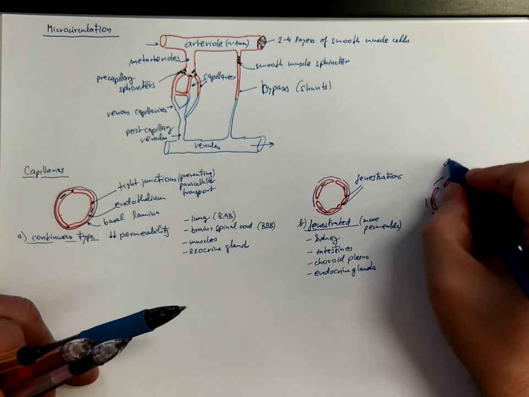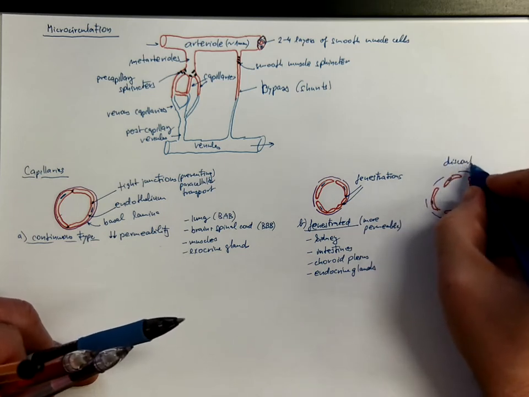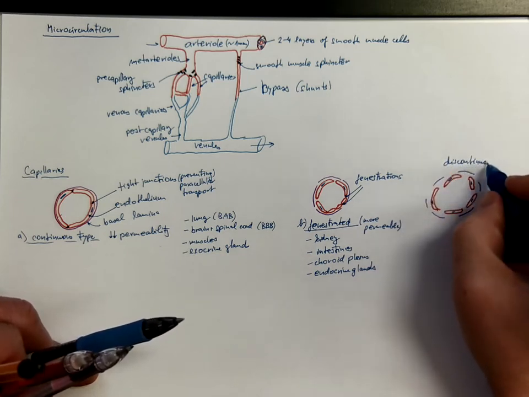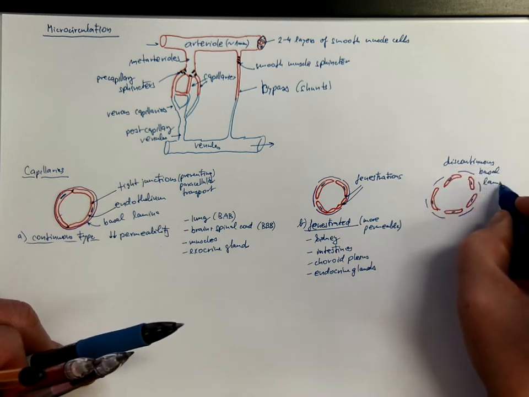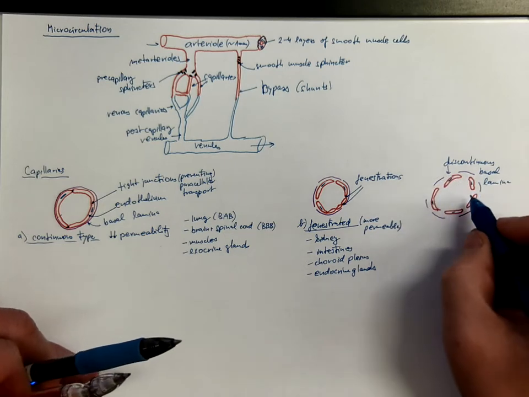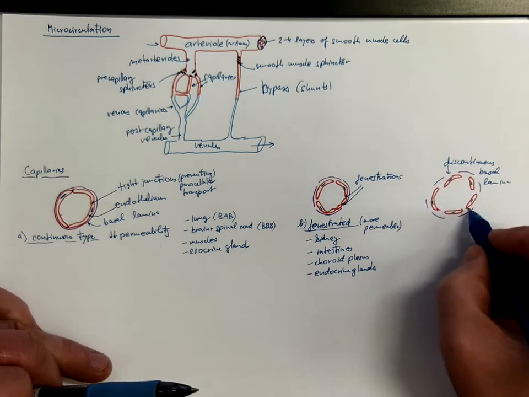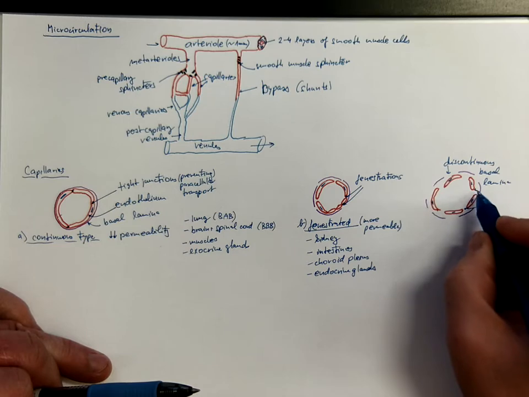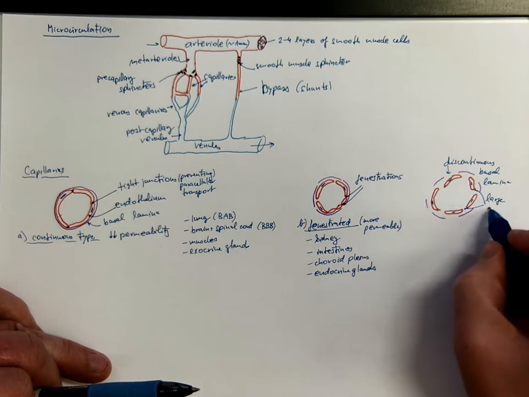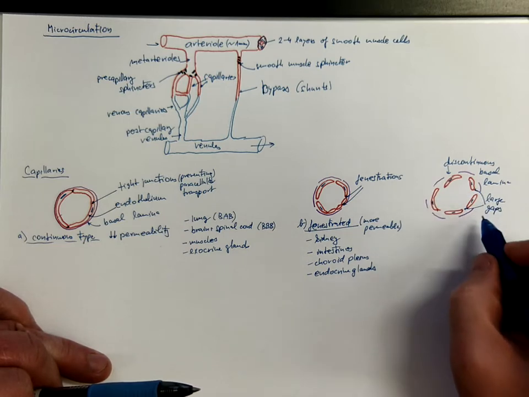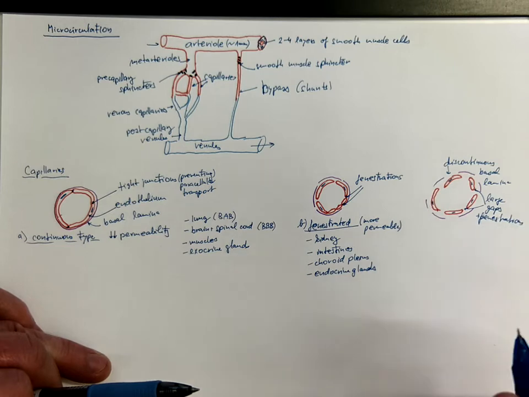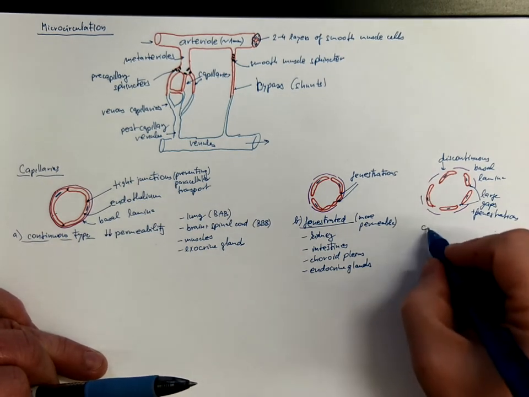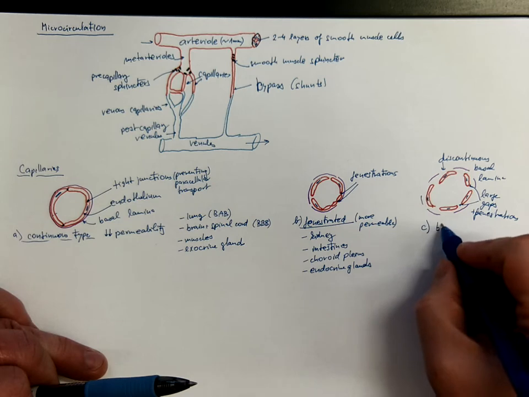So there's a discontinuous basal lamina, and there are large gaps and fenestrations. This type is called blood sinusoids.